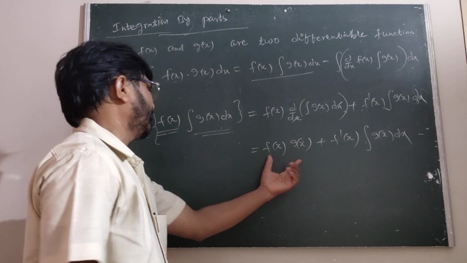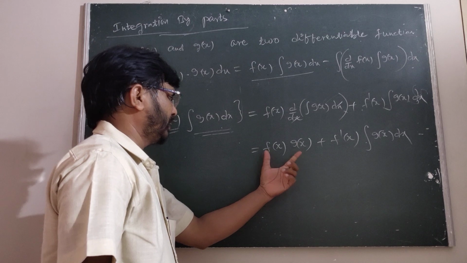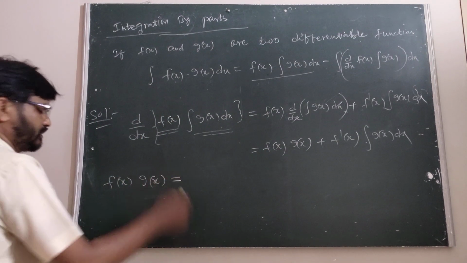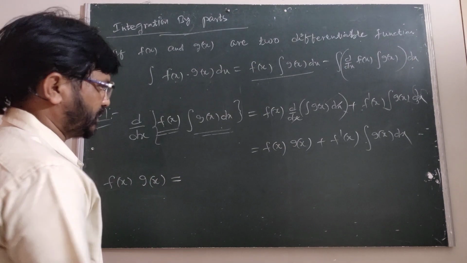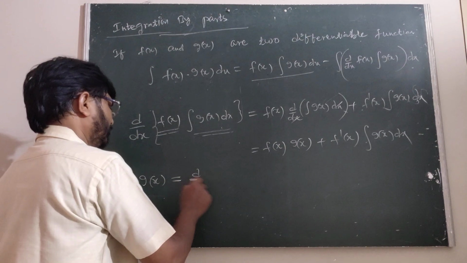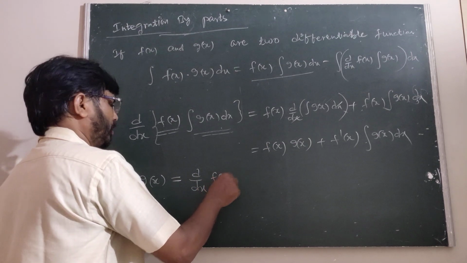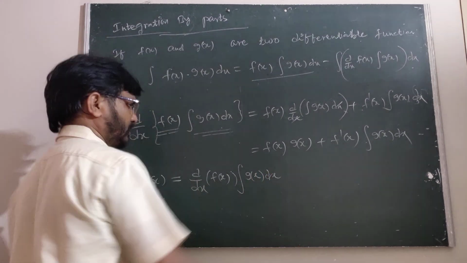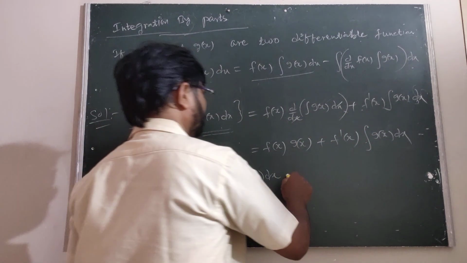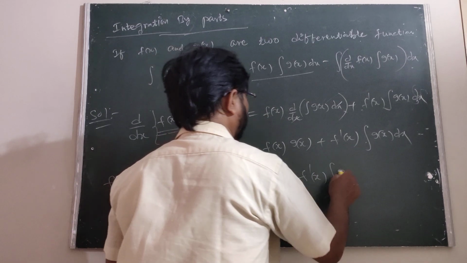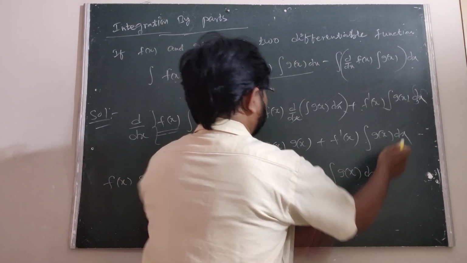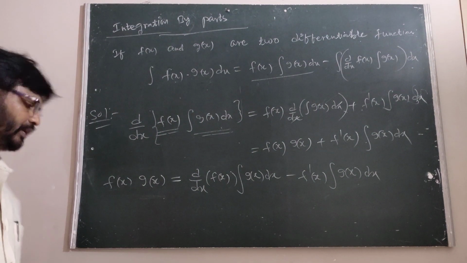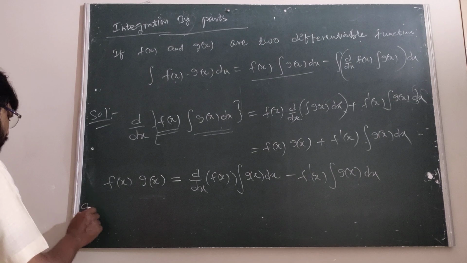Now we take the left hand side: f(x) into g(x) is d by dx of f(x) times the integral of g(x) dx. This term, minus f'(x) times the integral of g(x) dx, is sent to the other side. Now what are we doing here? We are applying integrals on both sides with respect to x.